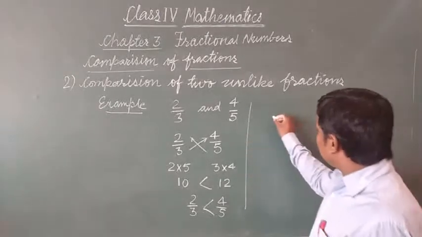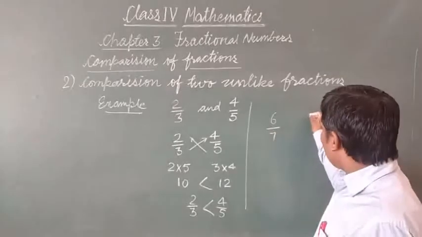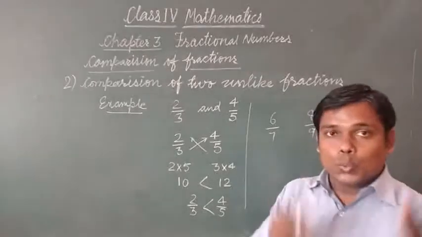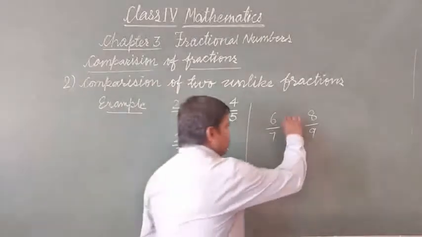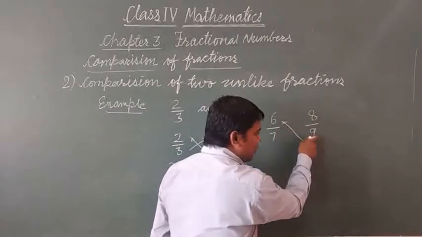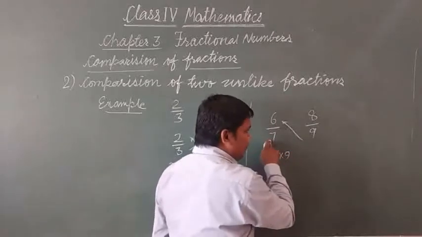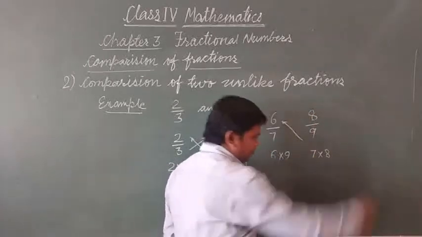Suppose we have 6 by 7 and 8 by 9. Which fraction is greater? As I told you, do cross multiplication. You multiply the numerator of the first with the denominator of the second, so you will write 6 into 9. Then the denominator of the first with the numerator of the second, you will write 7 into 8.